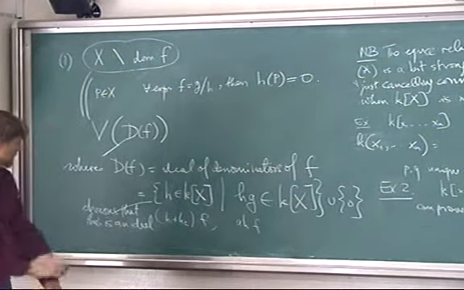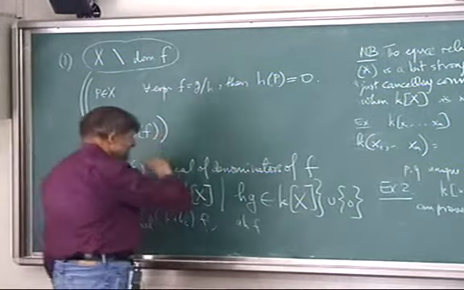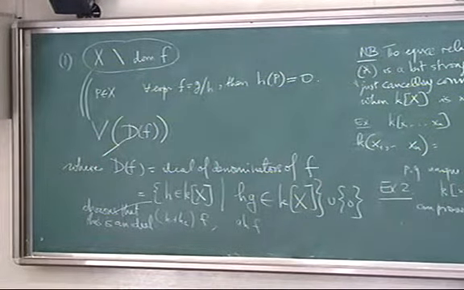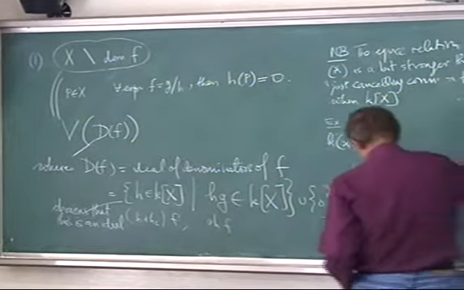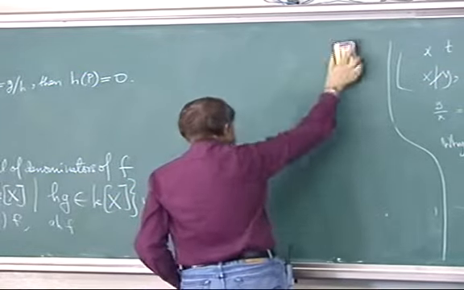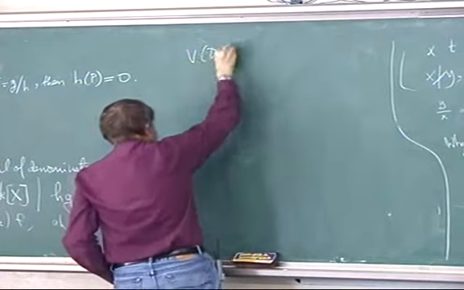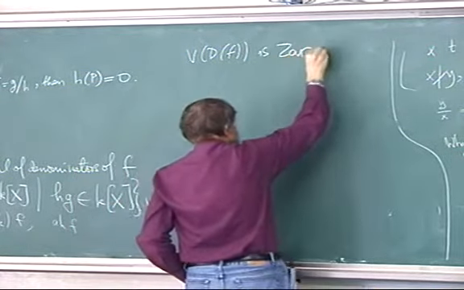And so this guy here is a Zariski closed set. It's a closed set because it's a variety defined by a certain ideal. So V of D of F is Zariski closed.